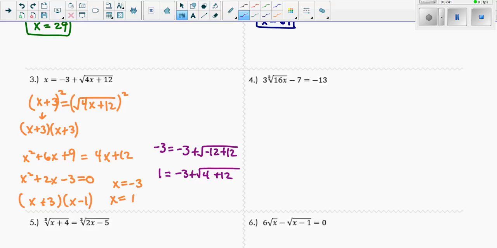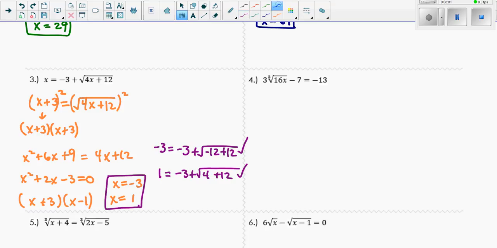Okay, so let's go back and check. Negative 12 plus 12 is 0. The square root of that is 0. Negative 3 plus 0, so this one is good. It works. And this gives you 16, whose square root is 4. Negative 3 plus 4 is 1, so that works too. So both of those are my solutions. They both satisfy the equation.